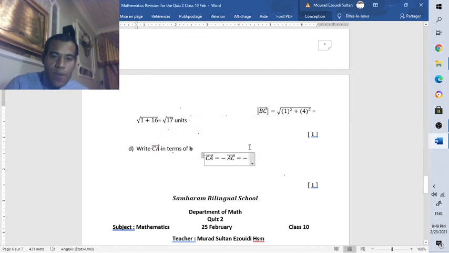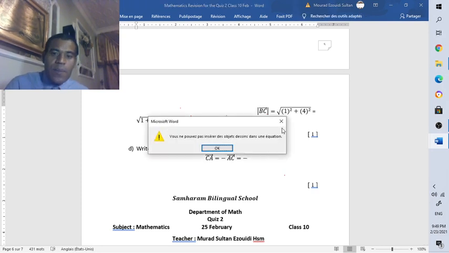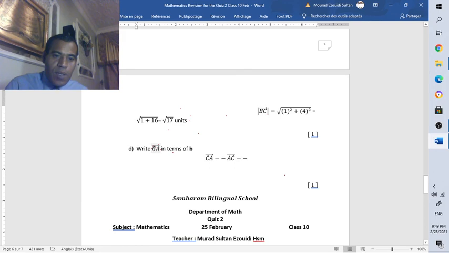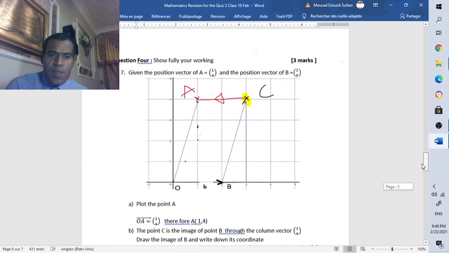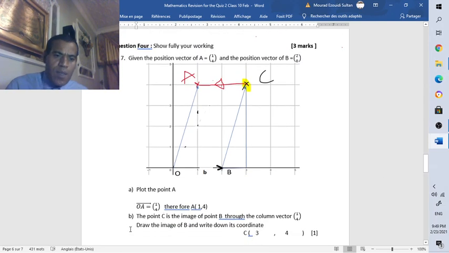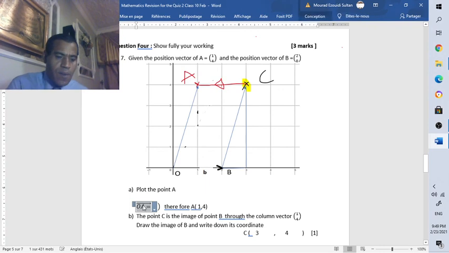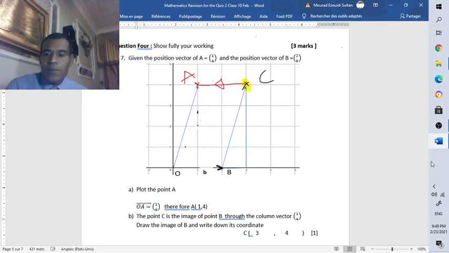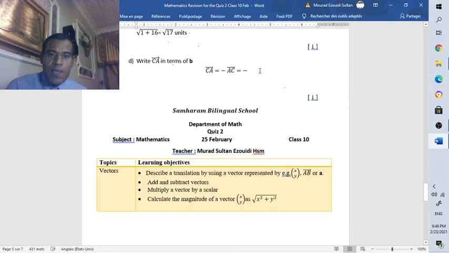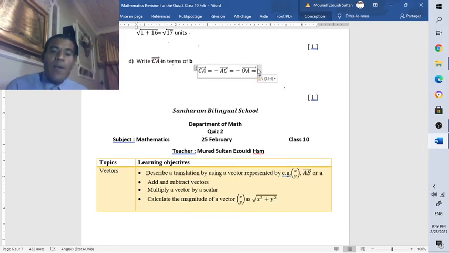Minus OB. But OB, my learners, is a small b, and we have the negative, so it will be negative b.